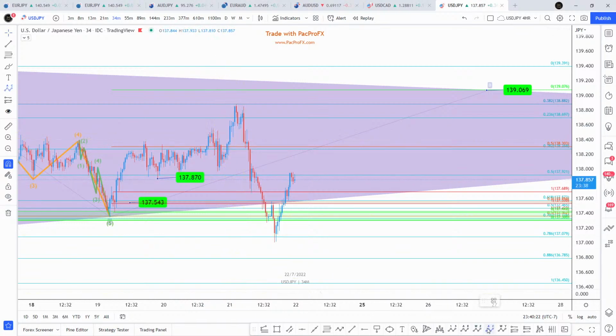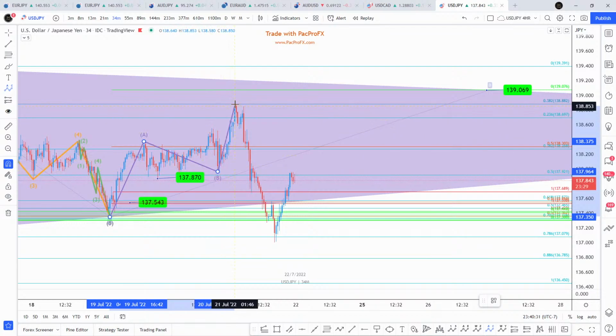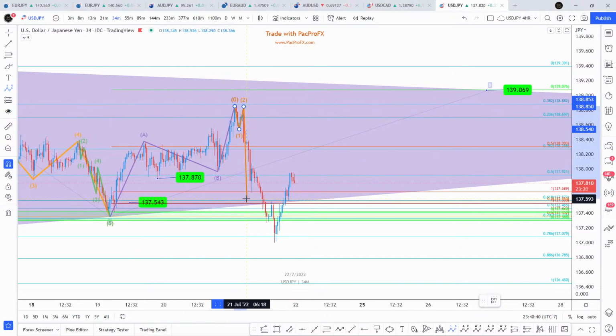It's a corrective wave. So this was an A, B, and C. Because here now you have a five-wave pattern going down. And then you have another ABC here, corrective.